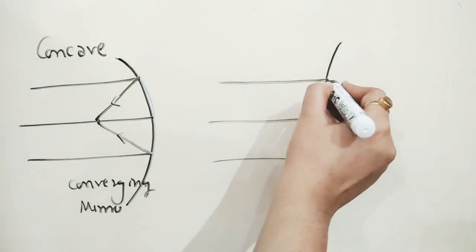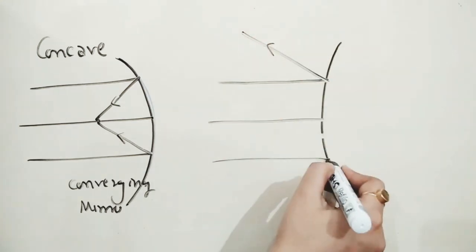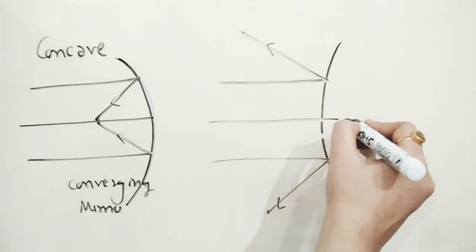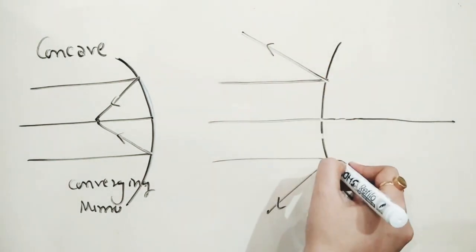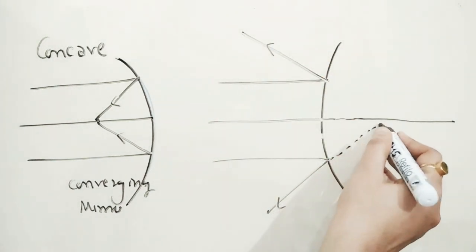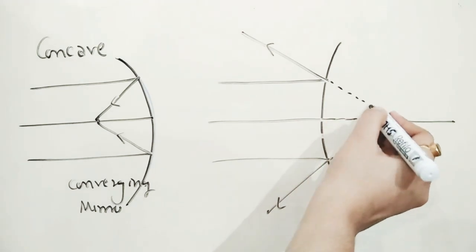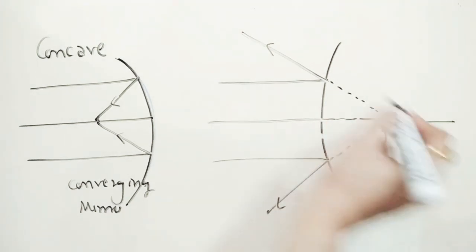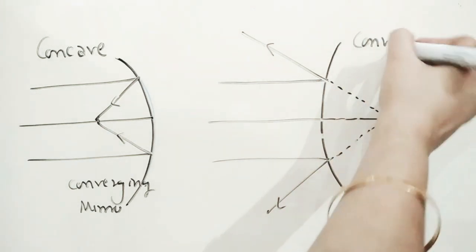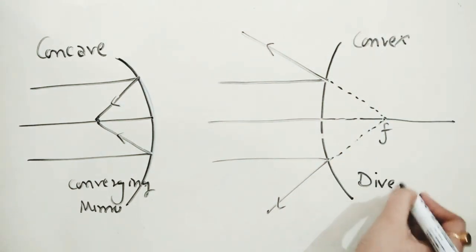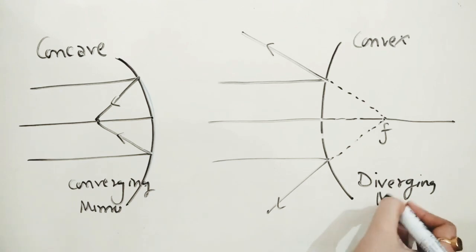Now they diverge from this position. If we extend these diverging rays, they appear to meet behind the mirror, or we can say a virtual focus is present in the case of a convex mirror, and this mirror is also known as a diverging mirror.